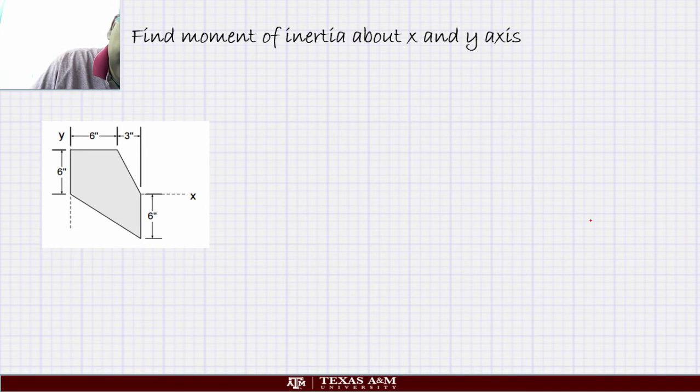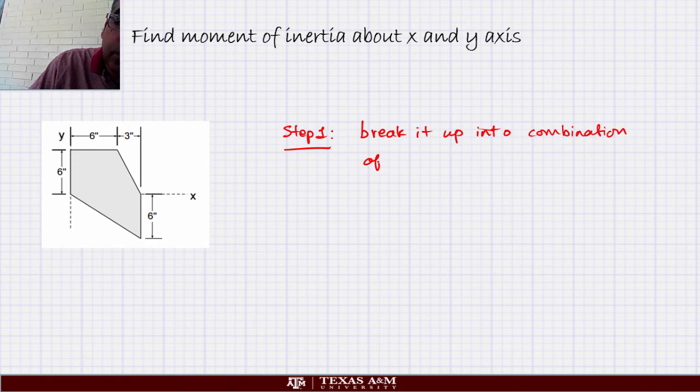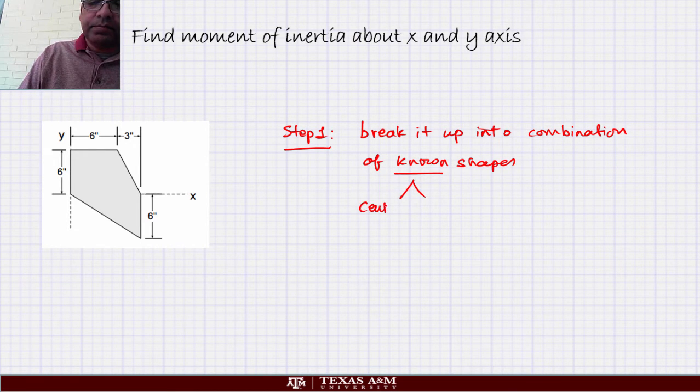So first step, break it up into a combination of known shapes. Known shape means I should know the centroid and I should know the moments of inertia.